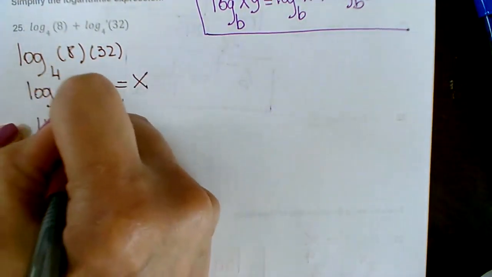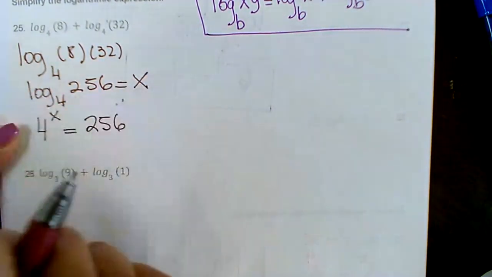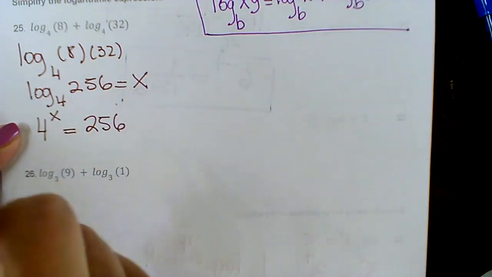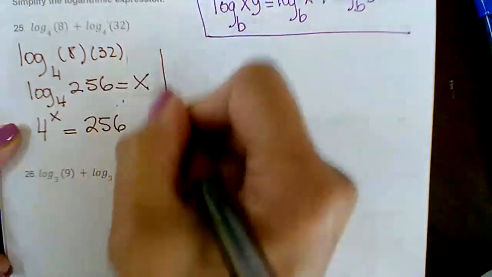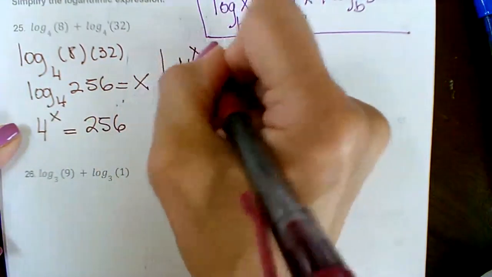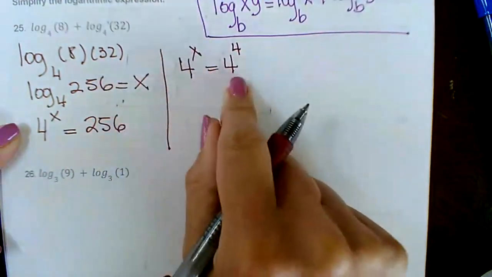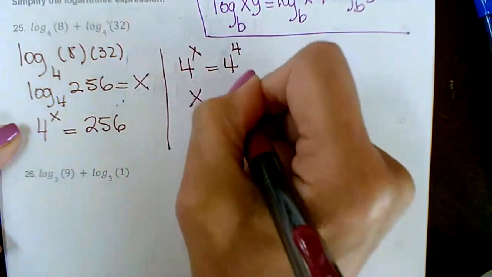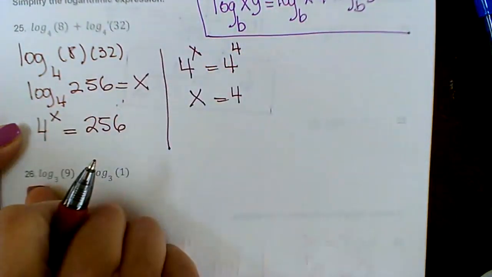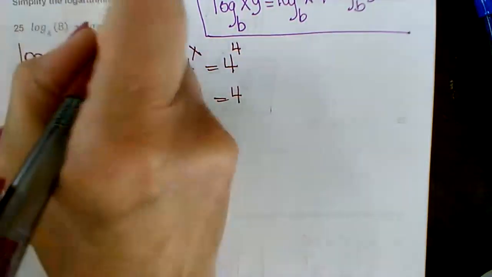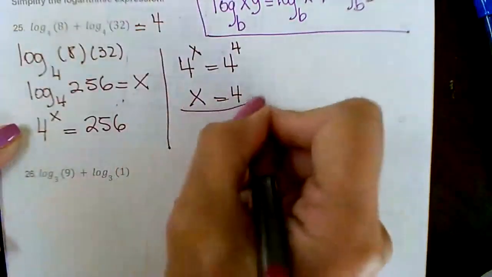Exponent is the answer, equals 256. And that's going to be 4 to the 4th power. Same base, x is equal to 4. So the answer to this logarithmic is 4.